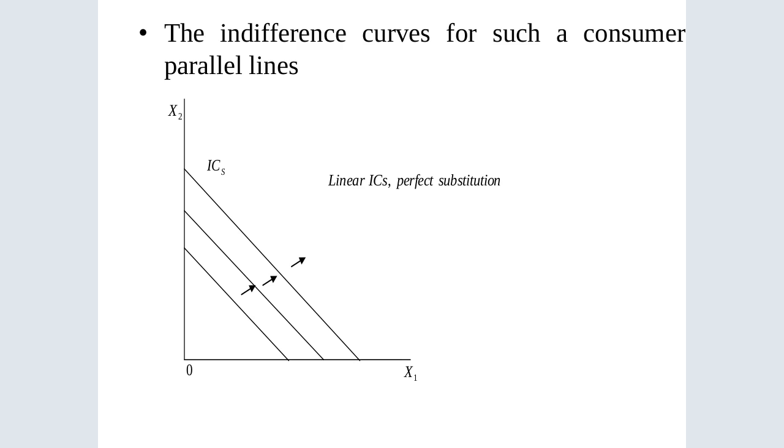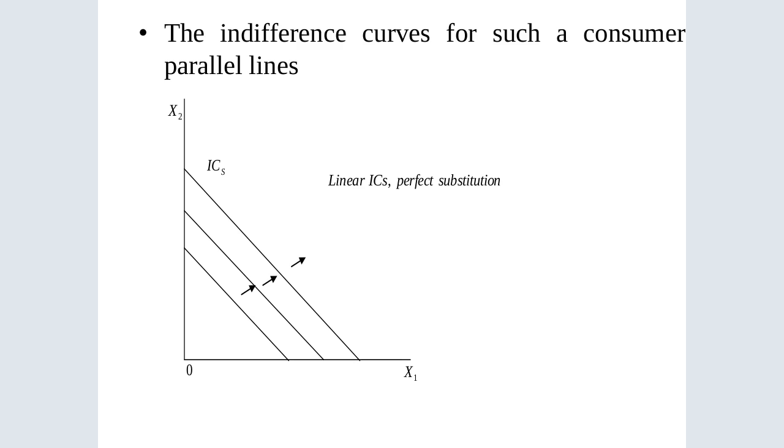For the constant rate, what I mean, for example, is if we are consuming two goods and you want to increase the consumption of one over the other, you reduce the consumption of X2 by 1 unit and increase the consumption of X1 by 1 unit.